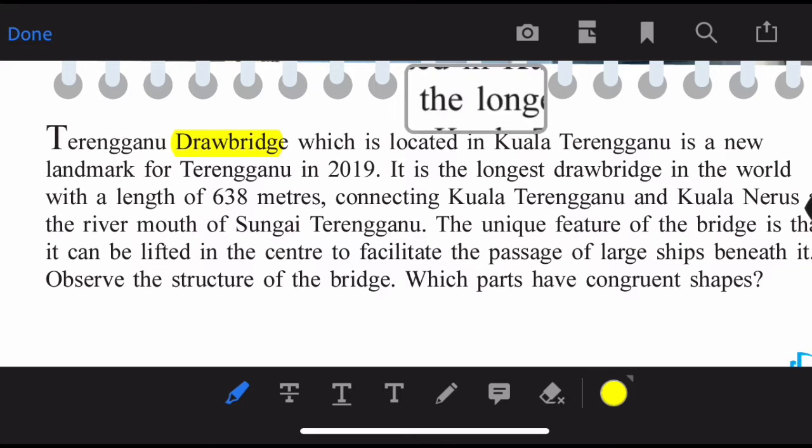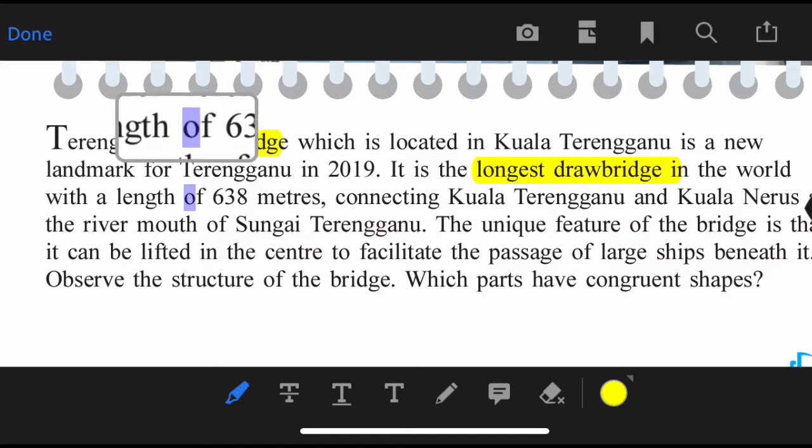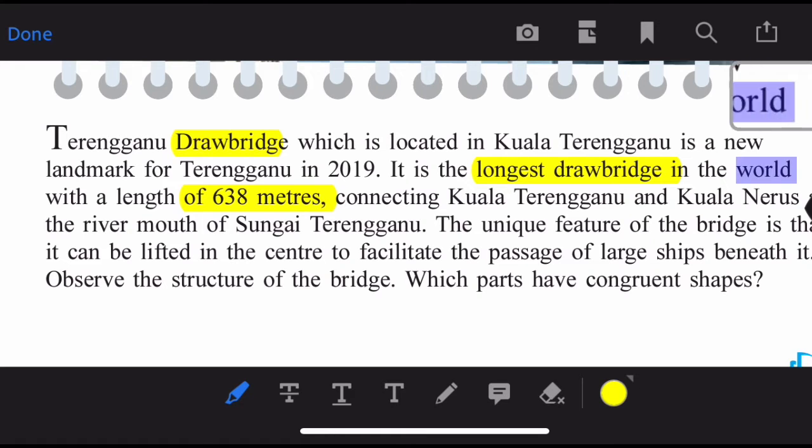It is the longest drawbridge in the world with a length of 638 meters, connecting Kuala Terengganu and Kuala Nerus, at the river mouth of Sungai Terengganu.